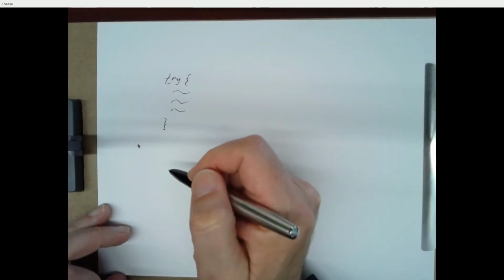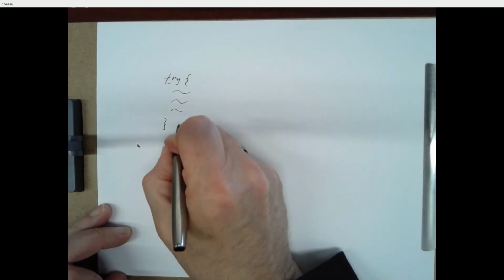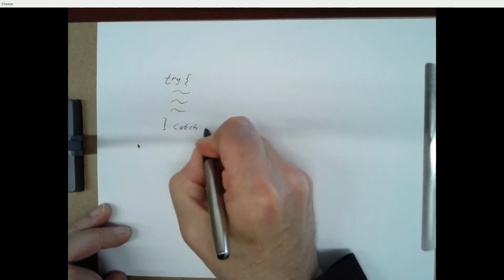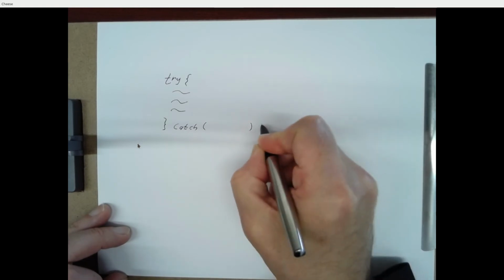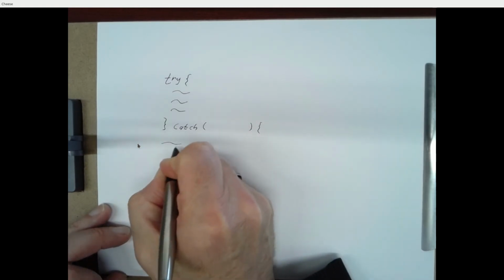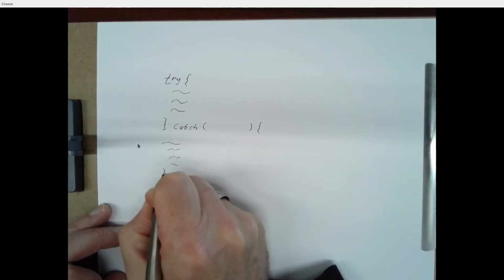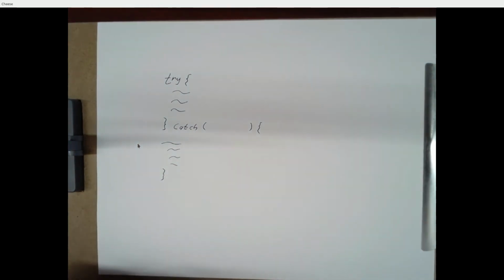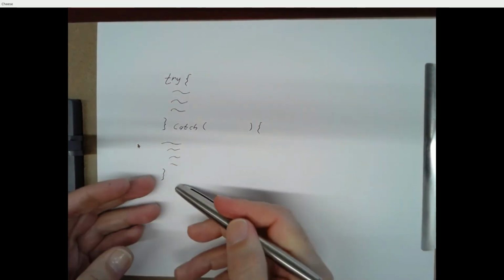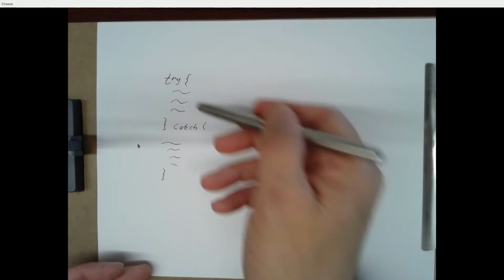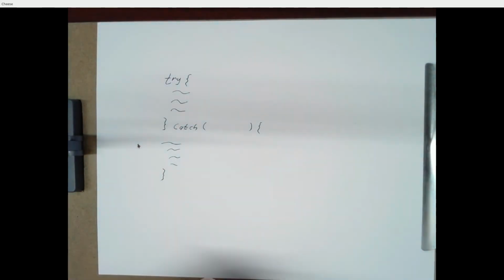But if one of these statements throws an exception, it will give up on the statements in this try block, and it will look for the keyword catch. It will start executing the statements in this catch block, and when it finishes, it moves on from there. It does not go back and retry these other statements.